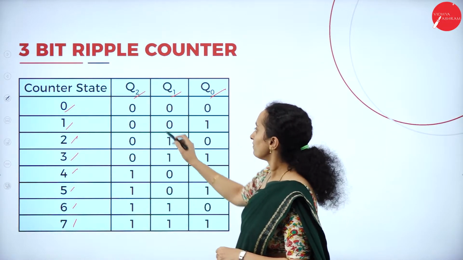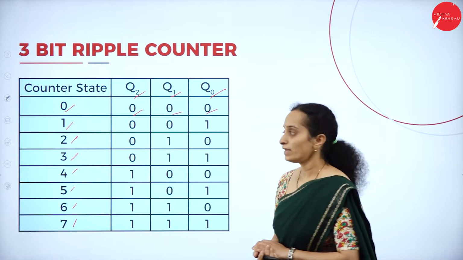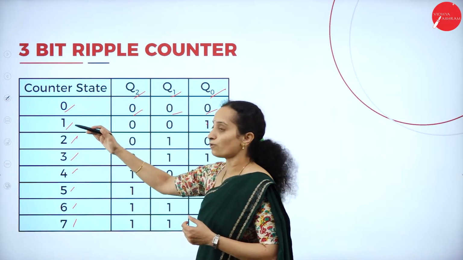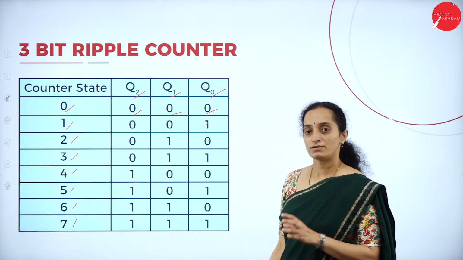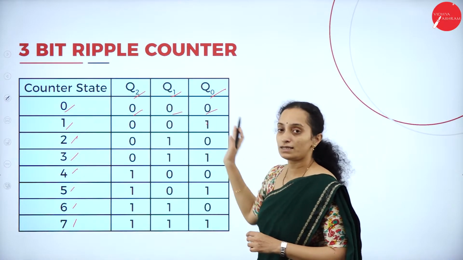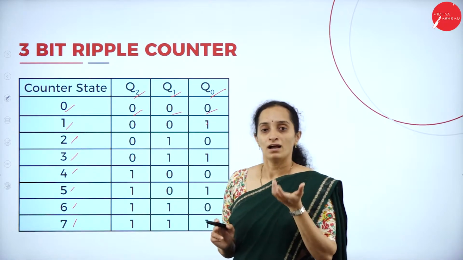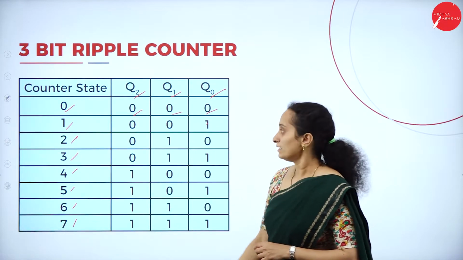Since it has 3 bits, that means 2 to the power of 3, so 8 outputs will be considered.